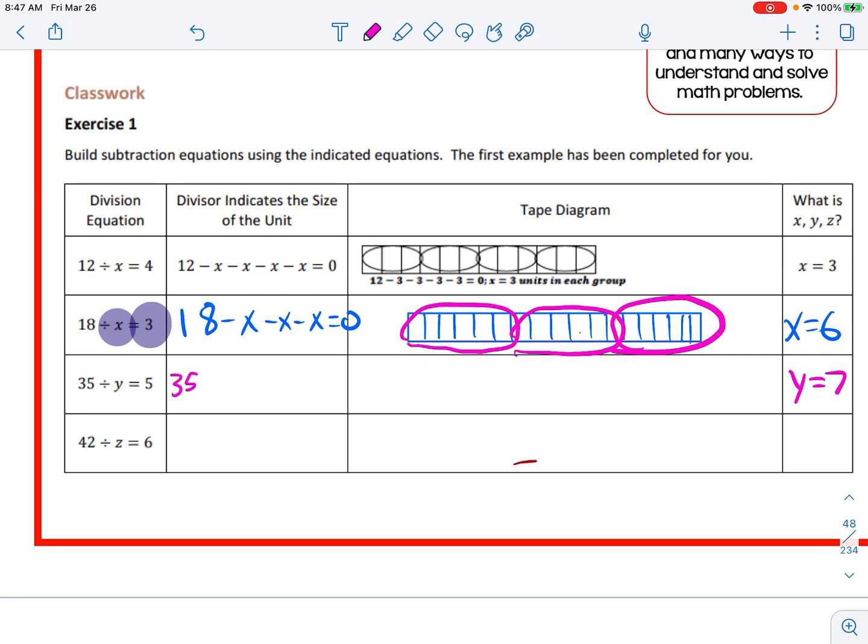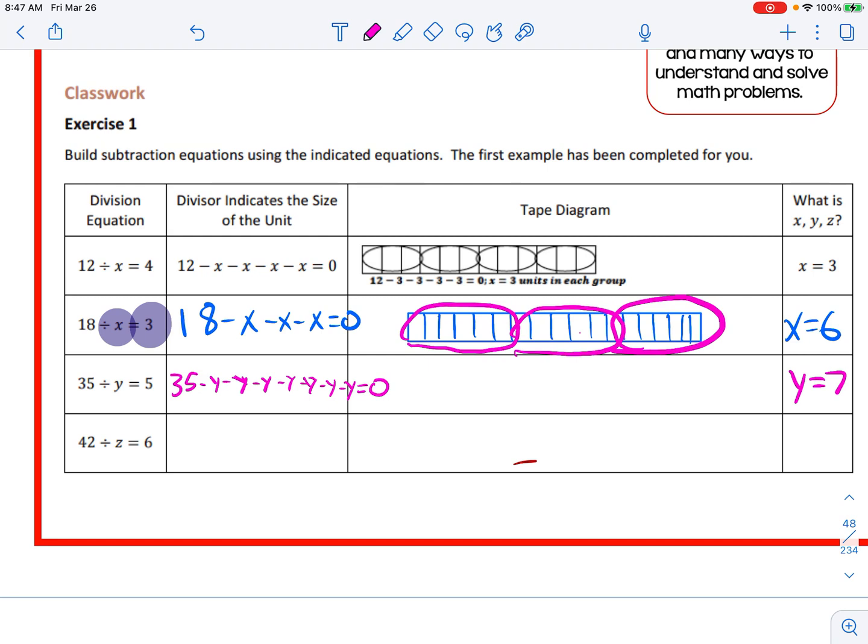So we have 35 minus y minus y minus y minus y minus y minus y and minus y equals 0. And I'm not going to make a tape diagram with 35 units. That's just too many units to do.